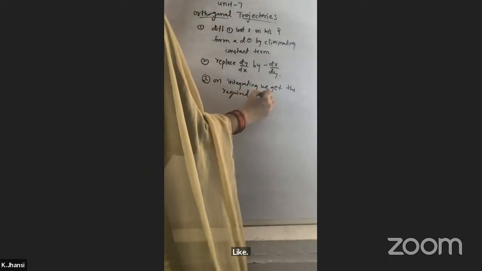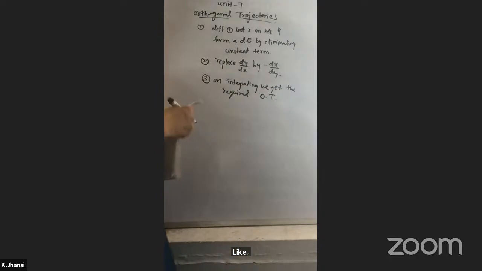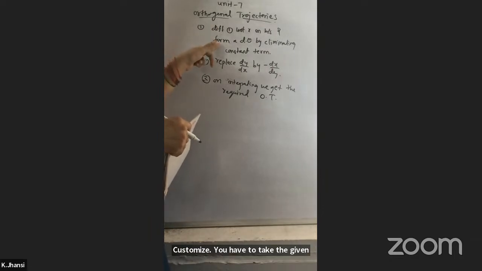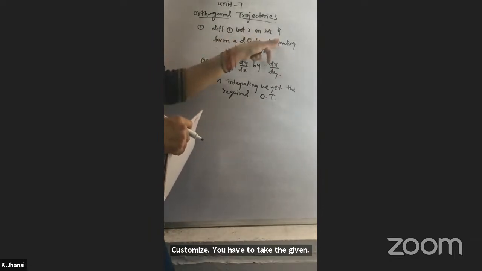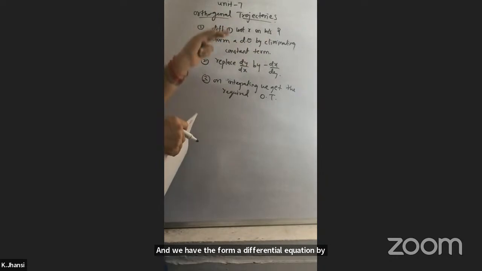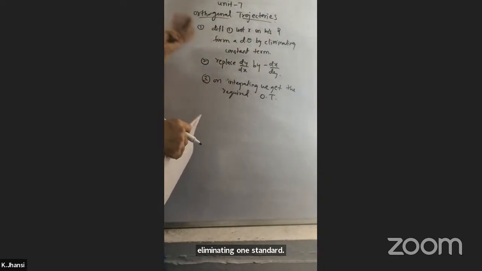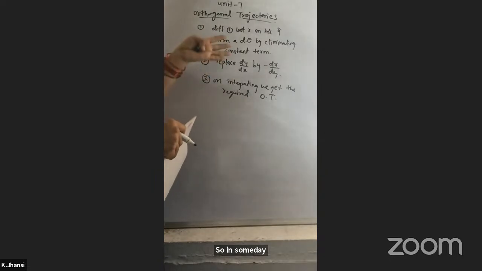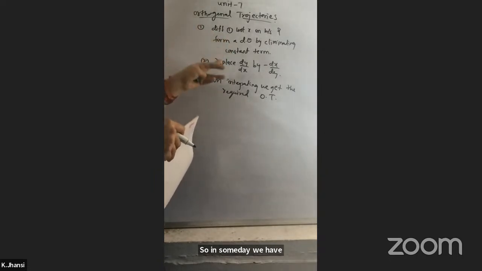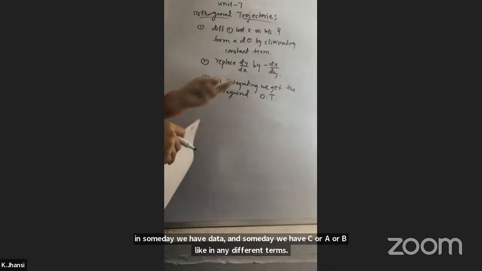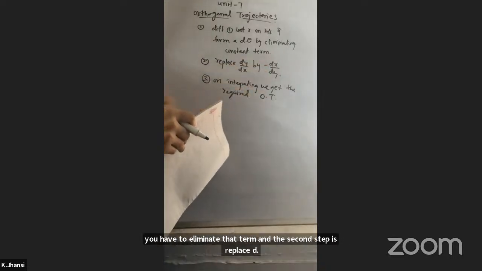OT is a shortcut for required orthogonal trajectories. Okay. First, you have to take the given curve as equation one, then do the differentiation, and form a differential equation by eliminating the constant term. In some problems they will have theta, in some they will have C or A or B, like that, different terms will be there. So you have to eliminate that term. And the second step is replace dy by dx by minus dx by dy.